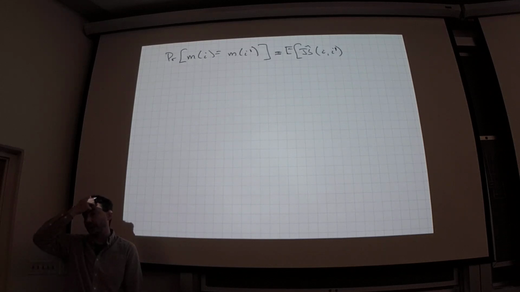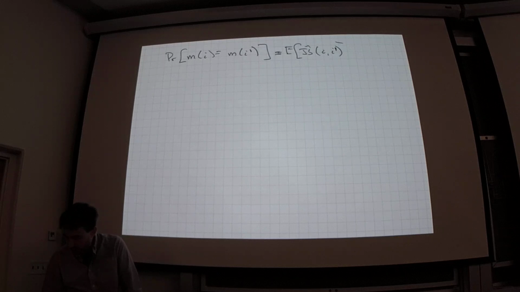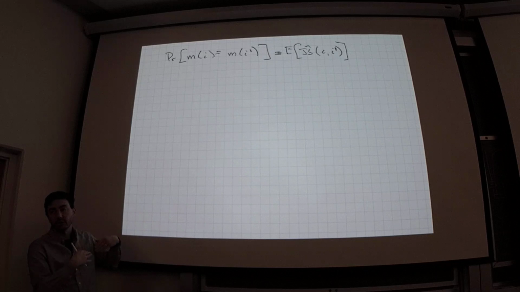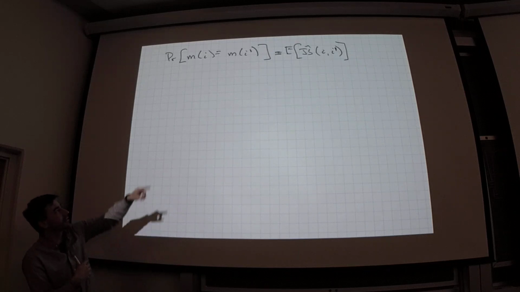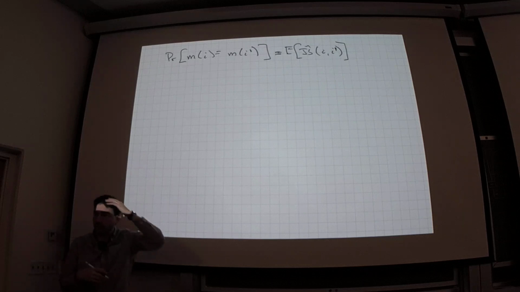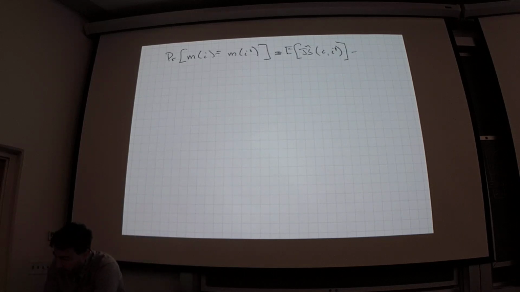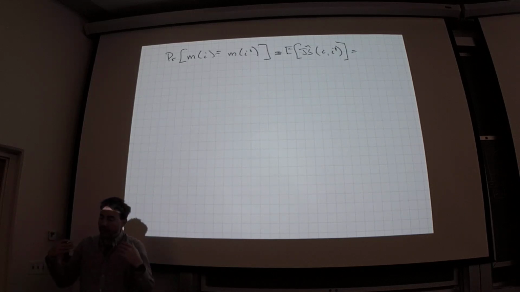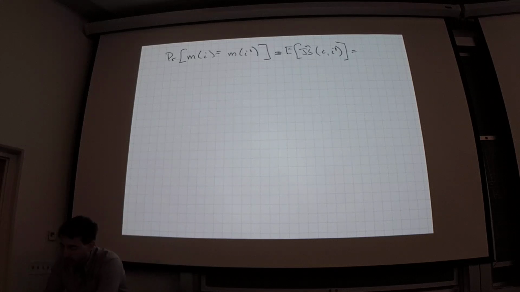The probability they match gives me a 1 if they match and a 0 if they don't. So this probability is equal to the expected value that I'm going to get of the M representation, the approximate representation, which is exactly going to be the expected value of the Jaccard similarity of i and i prime.